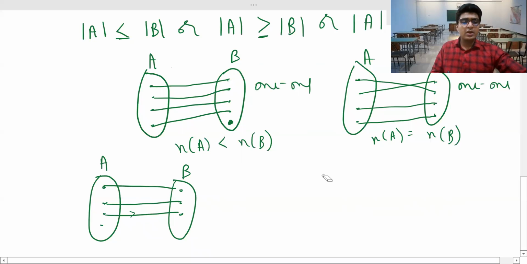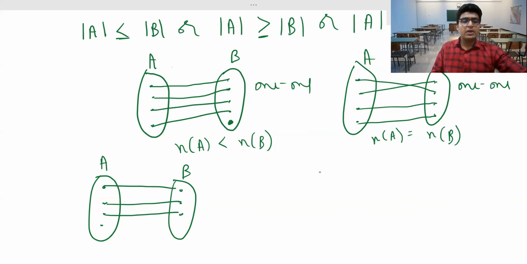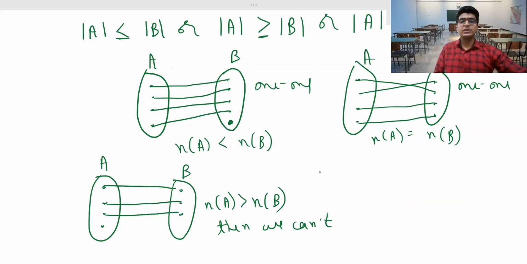And if I don't associate this particular x to any of the y's, then this is no longer a function, because each of the elements in set A should be mapped to exactly one element in B. So if it is not associated to any of the points, then this is no longer a function. So if the number of elements in A is more than in B, then we can't have an injective function.